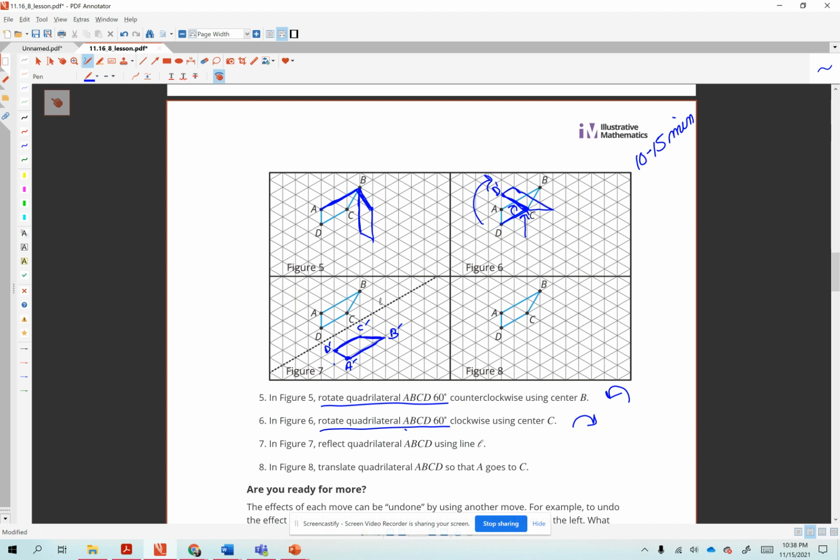Okay, final one, figure 8. Were you able to do this? Figure 8, we are translating quadrilateral ABCD so that A goes to C. So that means A will go where C is. And so it should be in the same direction. So this is now A prime, D prime.